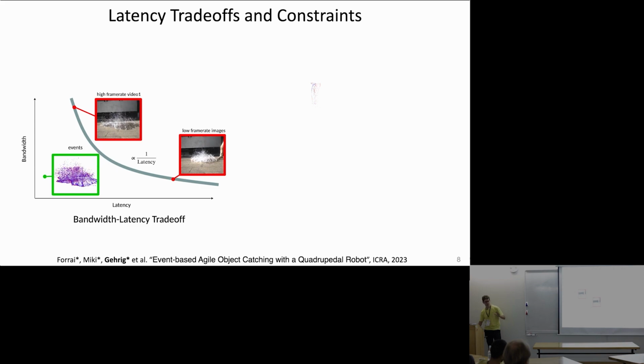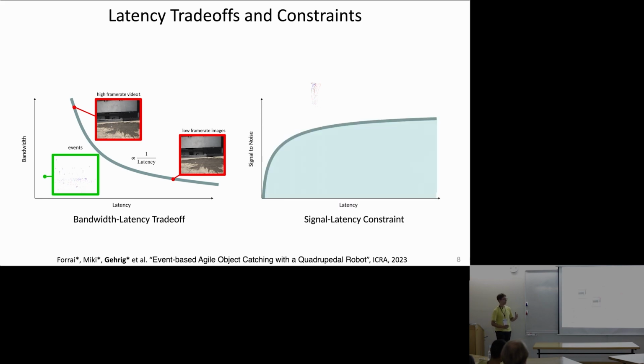Another thing, if you're not yet convinced, is what we term the signal latency constraint. One of the reasons why event cameras are better than high-speed cameras is that for high-speed cameras, if you have a very high frame rate, you have very little time to actually expose the images in between.